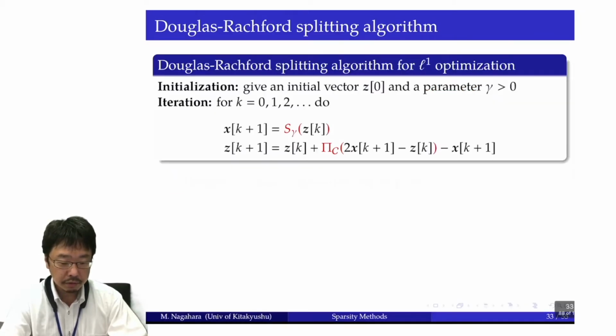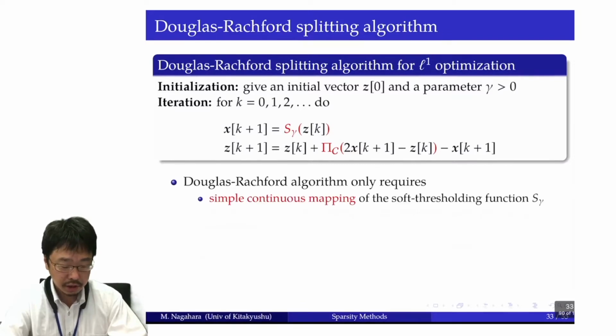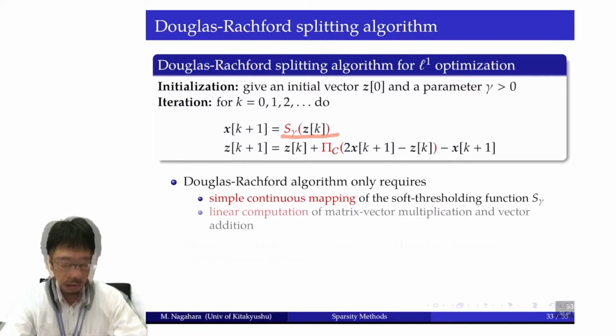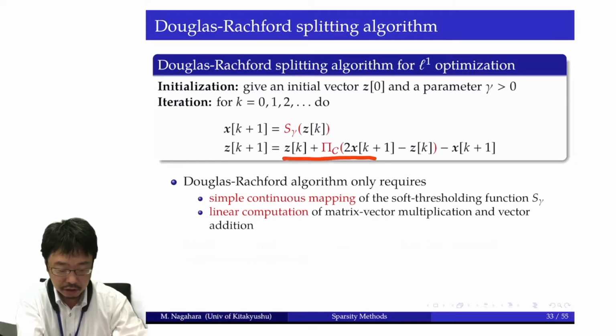This algorithm is very simple. Douglas-Rachford algorithm only requires simple continuous mapping of the soft thresholding function S gamma and linear computation of matrix vector multiplication and vector summation.